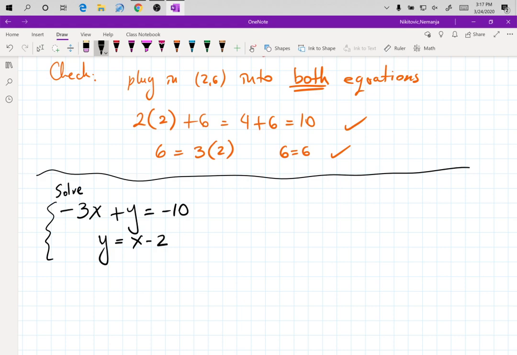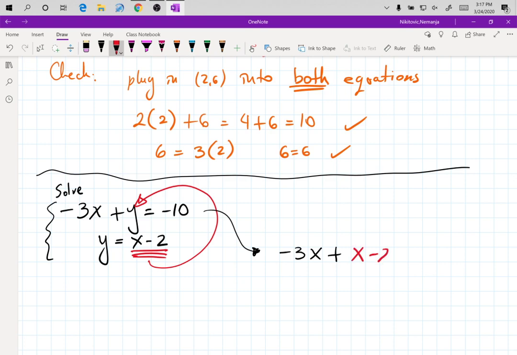Well, y is already x minus 2, so we need to plug that in for y. So from this equation, we have negative 3x plus, and instead of y, I have x minus 2, and then equals negative 10.